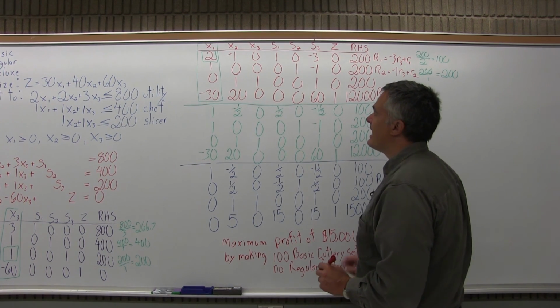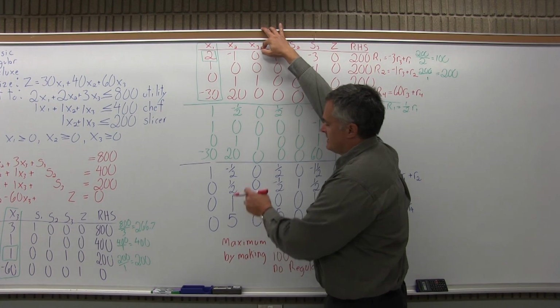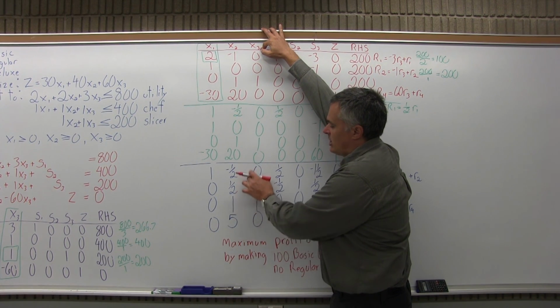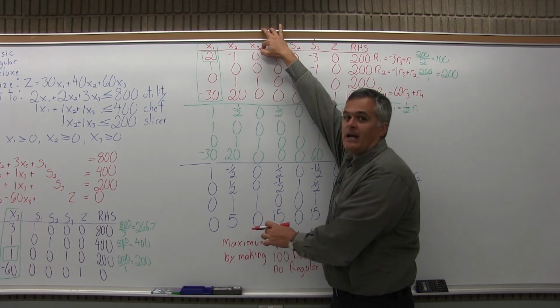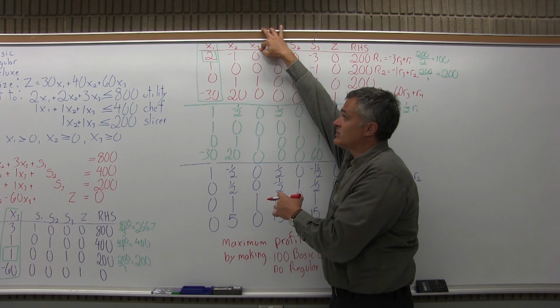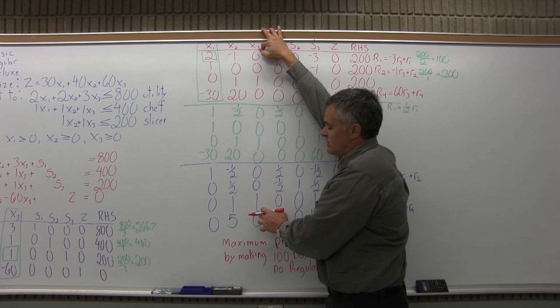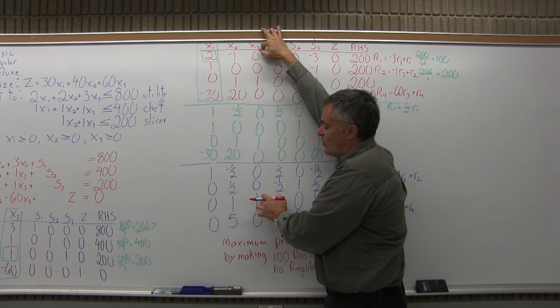And X3 represents the deluxe cutlery sets, and as I look at the X3 column of my final tableau, I do have a special column of all zeros and a single one. So X3, or the number of deluxe cutlery sets, has a non-zero value. So to figure out what it is, look at the height of the 1 in that special column in the X3 column. The height of the 1 is 1 up from the bottom.